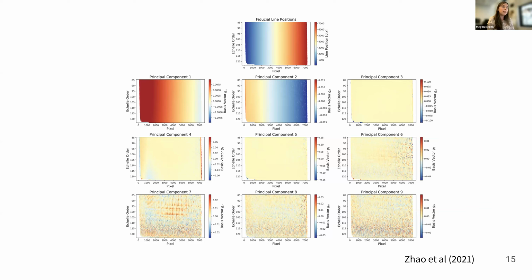And we find that there are indeed a limited number of basis states here that contain most of the possible variance of the wavelength solution. So there's a limited set of significant ways in which the LFC lines can get distorted as the spectrograph changes. And we've come up with an efficient way of representing that through these PCA vectors.